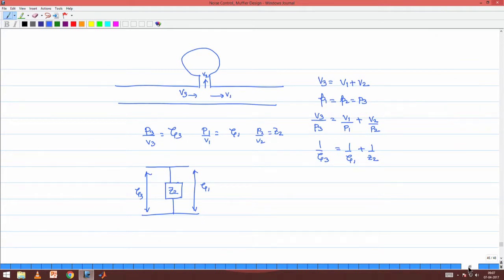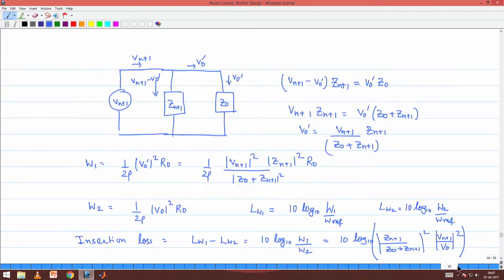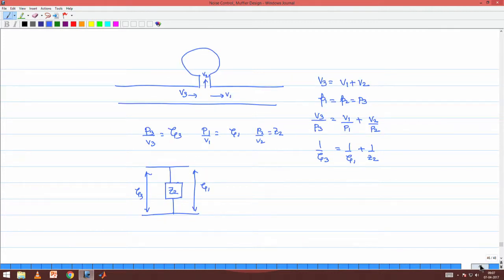While doing the Helmholtz resonator calculation, it was easy to evaluate Z2 and that was evaluated earlier in one of our previous analyses, where Z2 in the case of the Helmholtz resonator had two parts, which is i omega L by S, that is the part associated with the mass, and minus i 1 by omega times V by c squared.